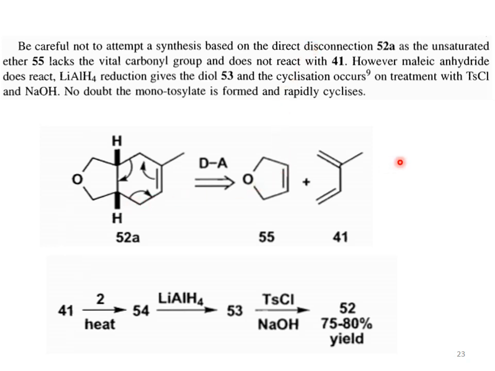As over here, if 52 is directly subjected to disconnection, it gives us a cyclic unsaturated ether. And remember, an unsaturated ether cannot act as a dienophile and does not react with the diene.